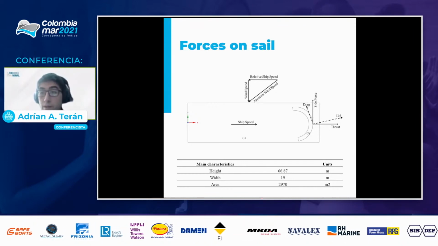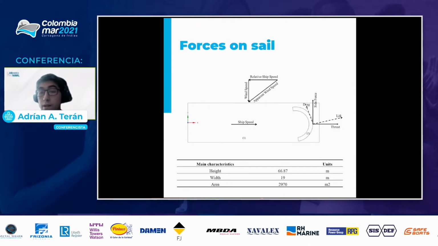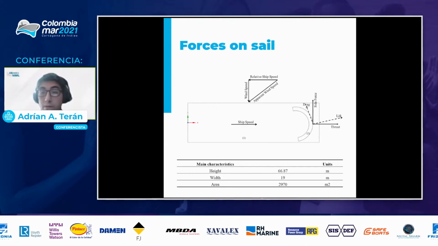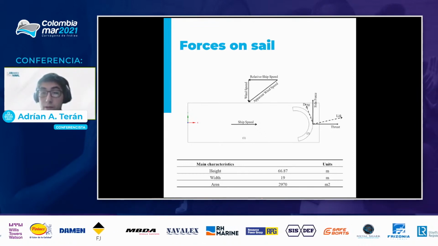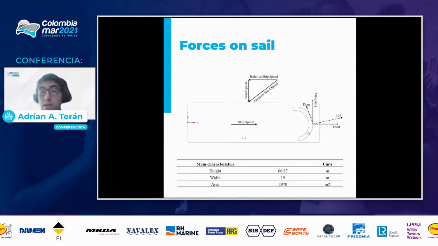On the basis of that speed, we're going to acquire an apparent wind speed through which we'll analyze the performance of the sail. Given the interaction between the fluid and this structure, some forces are going to come up, such as the force of lift and drag.